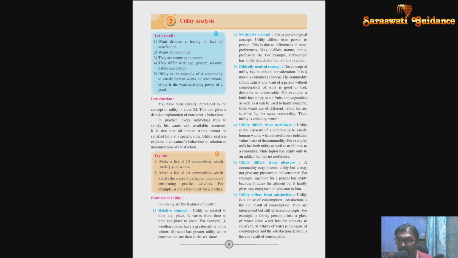For example, in the relative concept there is the example of woolen clothes as well as sand, and in the second feature, subjective concept, there is the example of the stethoscope given at the end of the second feature, in the second column at the top. Let's get back to the video presentation.